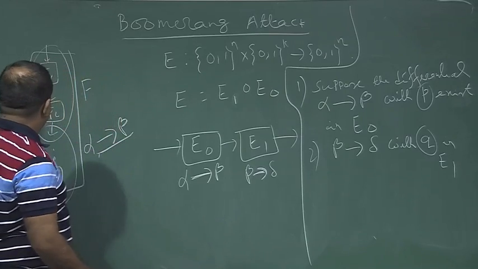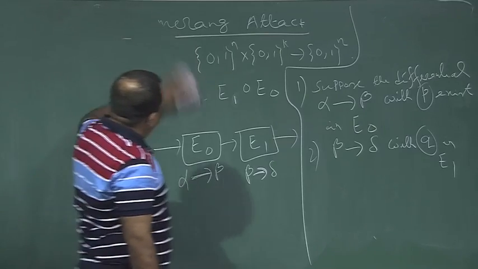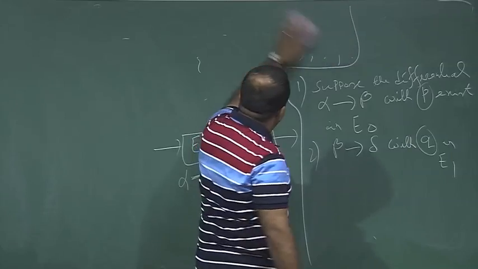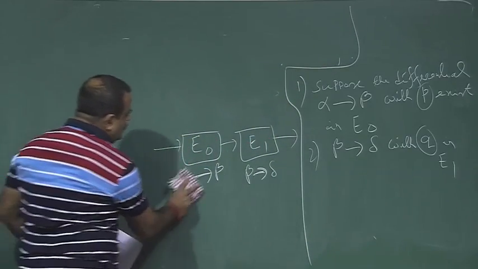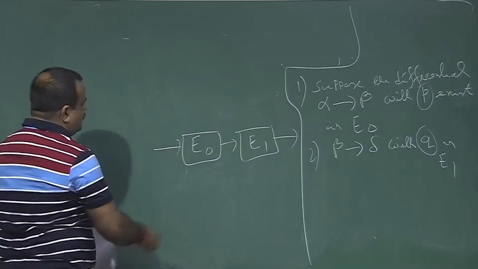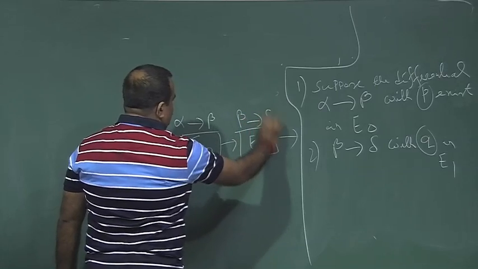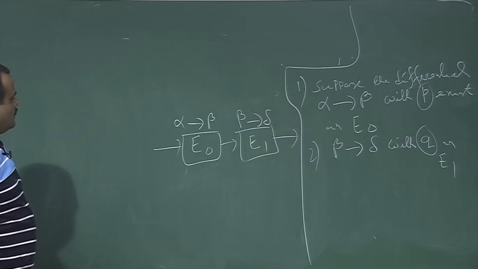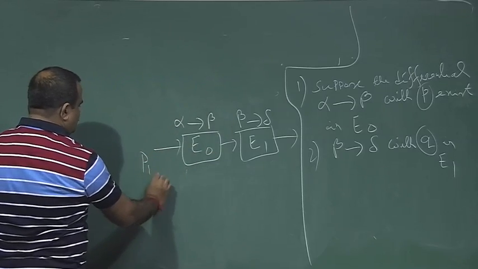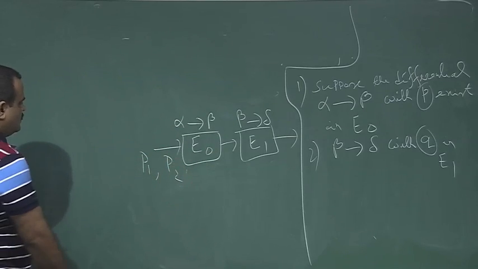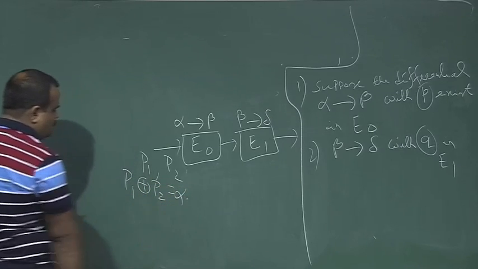So, how? The idea of this attack is that we know the differential in E0 is alpha to beta and in E1 is beta to delta. First, we choose plaintexts P1 and P2 such that P1 XOR P2 is alpha.